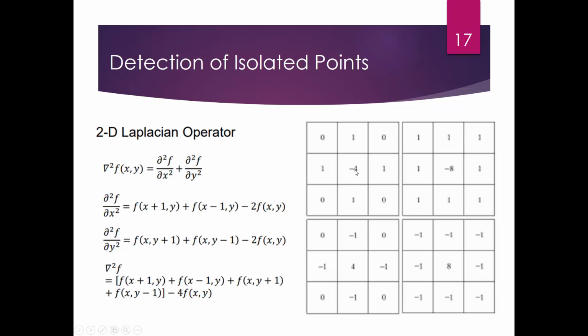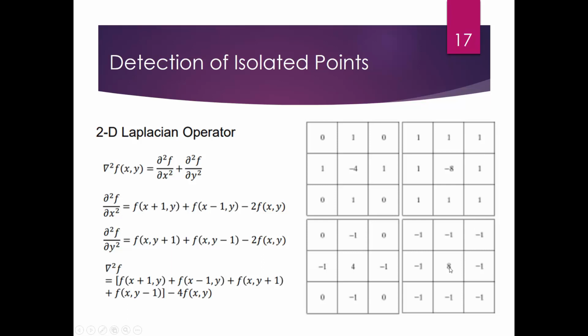If the center element is minus 4, then all the other 4 elements, which are the neighboring pixels n4, will be represented by 1. If the center element is positive, then the n4 pixels are represented by minus 1. If we also consider the diagonal neighbors, so now n8, the center element is minus 8 and the rest of the elements are plus 1.